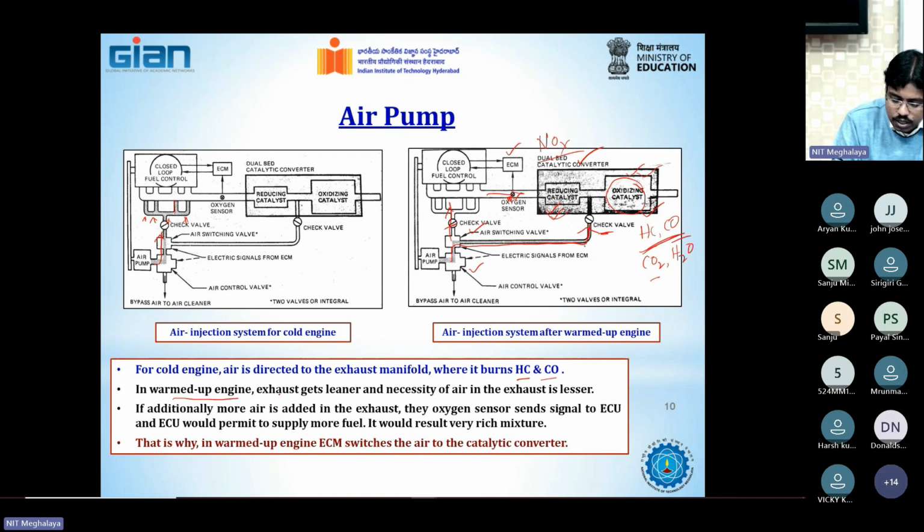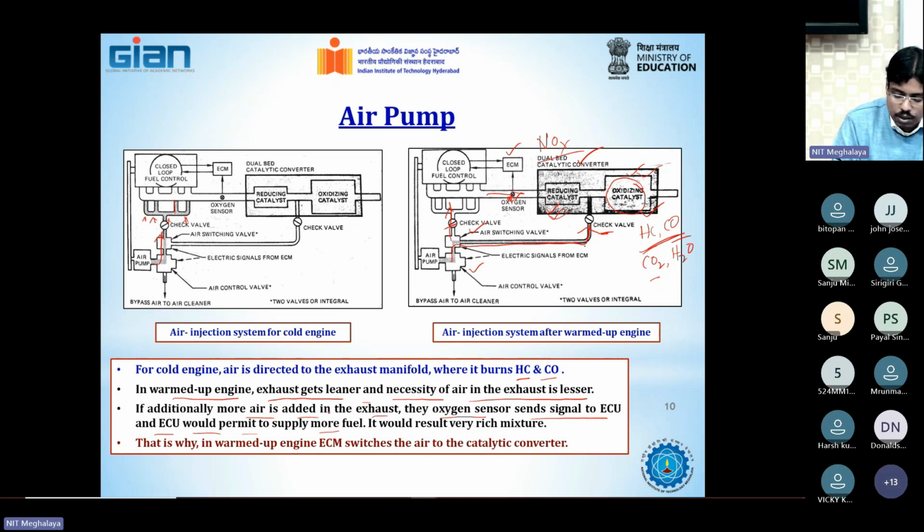In a warmed up engine, the exhaust gas gets leaner and the necessity of air in the exhaust is lesser. If additional air is added in the exhaust, then the oxygen sensor sends a signal to the ECU, and the ECU would permit supplying more fuel in the combustion chamber.